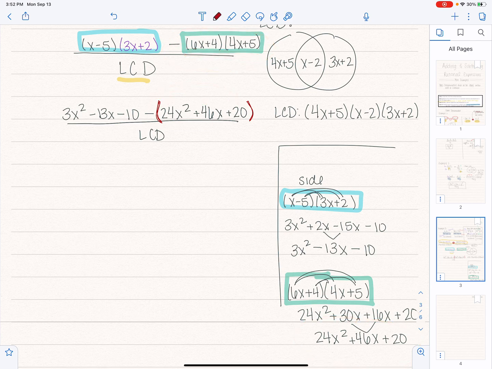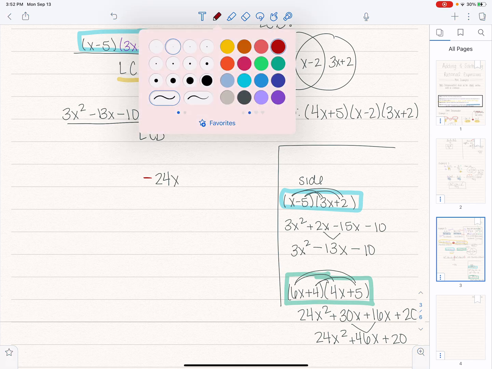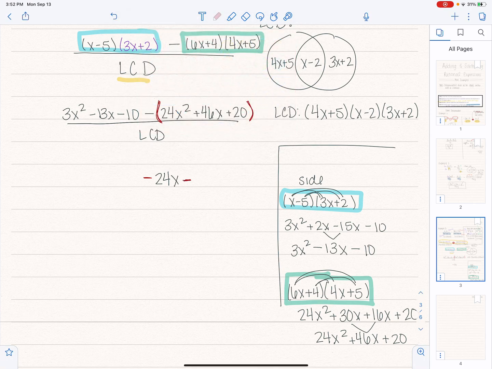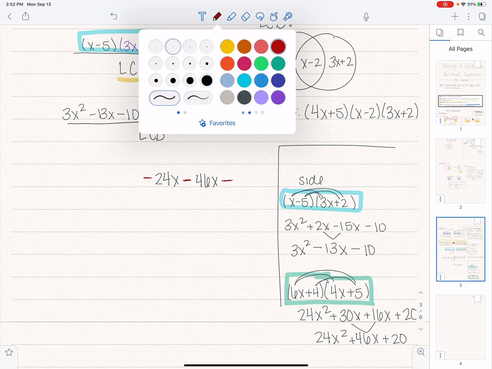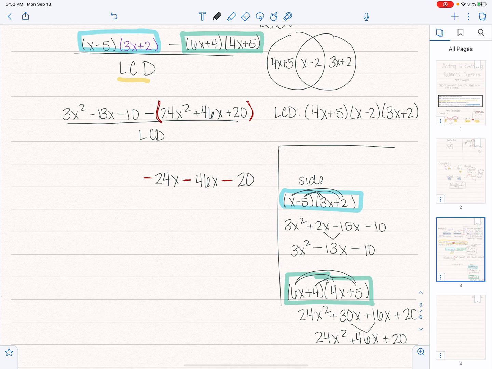And so that's going to actually be negative 24x squared, negative 46x, and negative 20. And then I have all of that over the LCD.